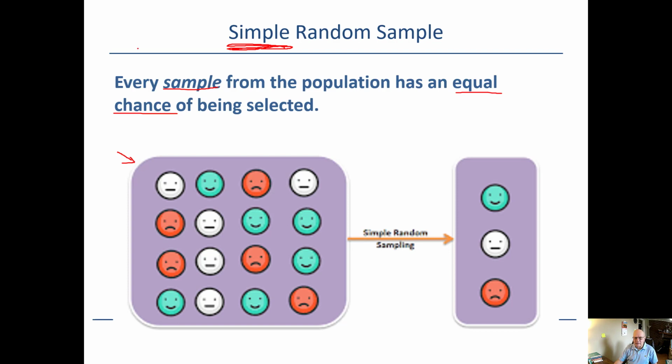A simple random sample means that there are a lot of different ways we can choose them, but every way we can choose 3 out of the 16 has the same chance as any other 3 out of the 16. This might take some extra thought. It's not quite as simple with a simple random sample.